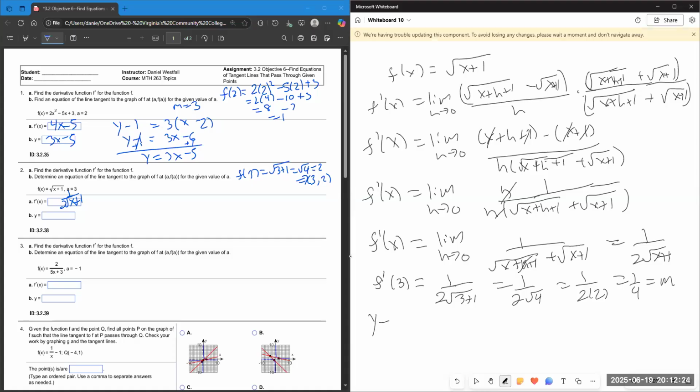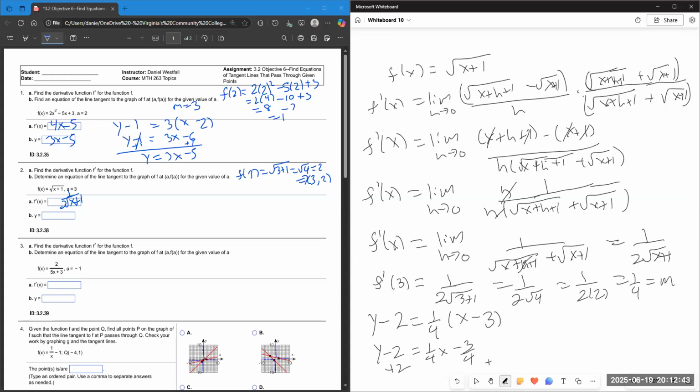So y minus y1 is equal to m times x minus x1. Y minus 2 is 1/4 x minus 3/4. Let's go ahead and add 2 to both sides.